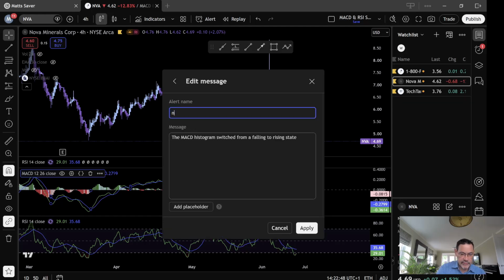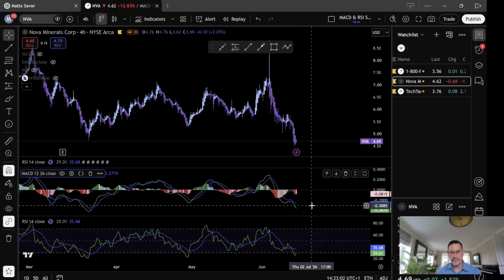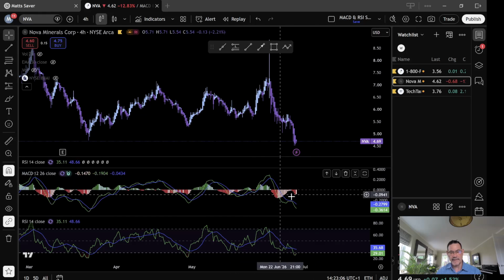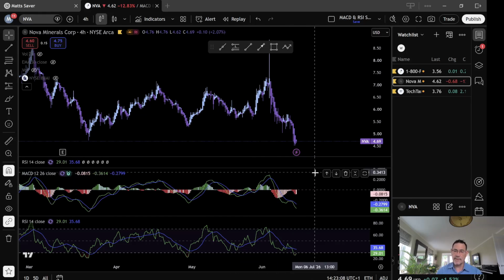Keep it very simple: NVA MACD. That will tell me to go to that stock and that it's crossed the MACD on the up. I'm looking for that to cross to the positive and then look for a dark green momentum, which would indicate strong momentum. So that is now on my alert.